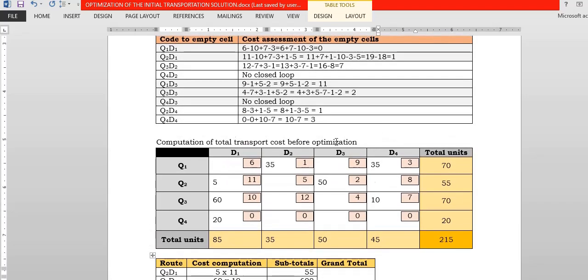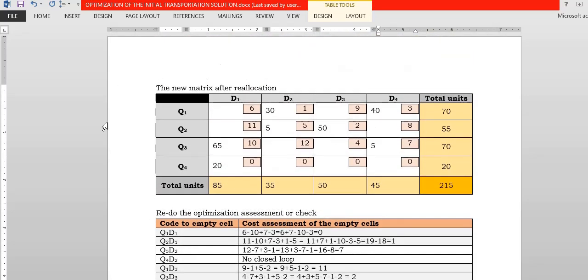Now let's redo this very computation, but using the new matrix.